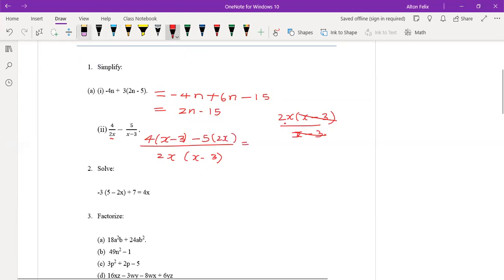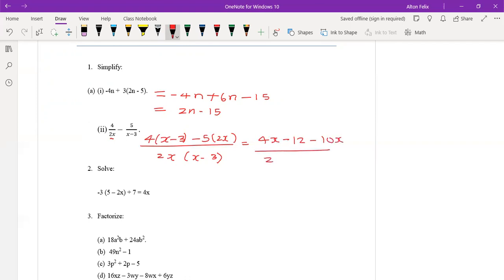Right, so this could simplify quite nicely here to give us 4x minus 12 minus 10x all over 2x by x minus 3.